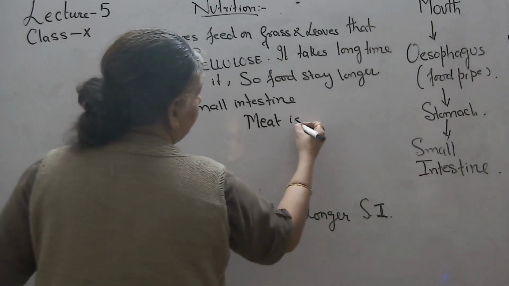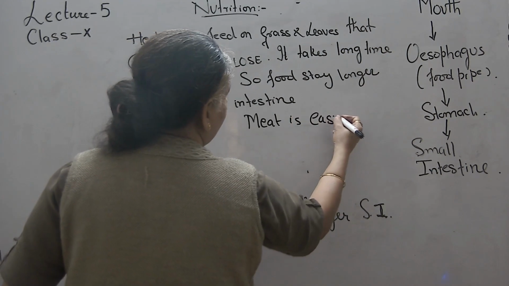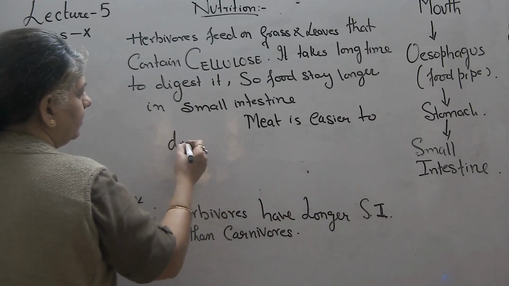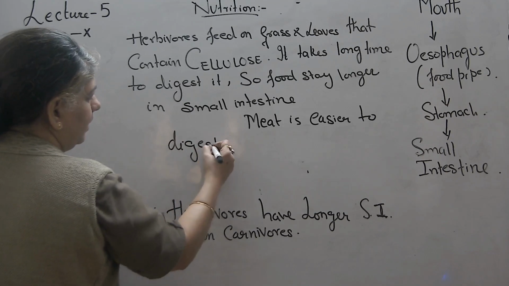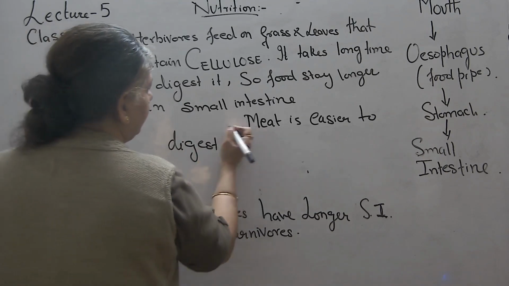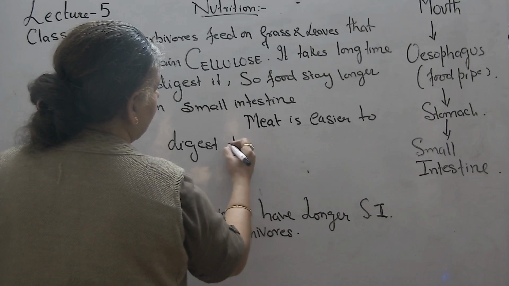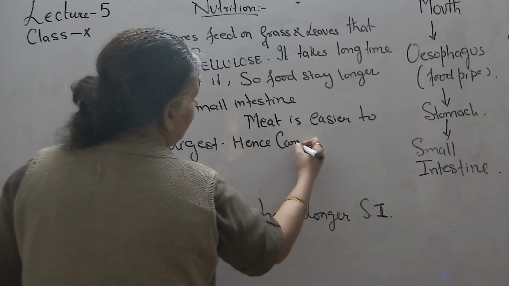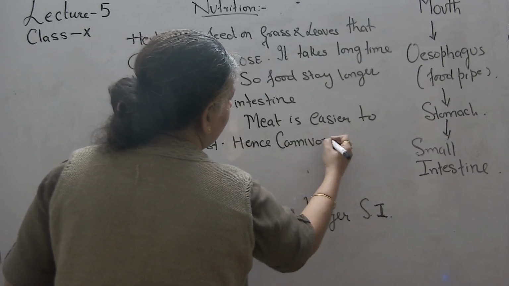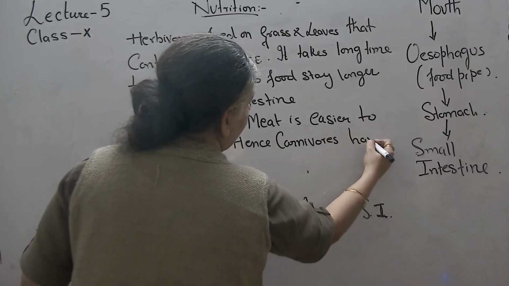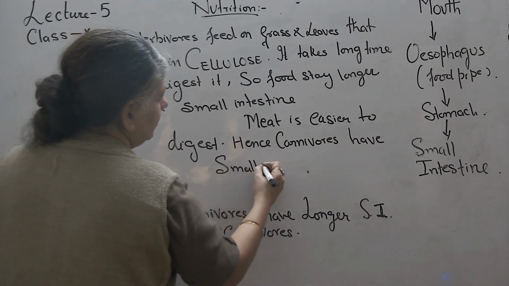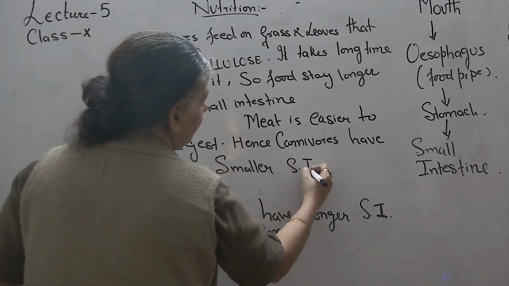Hence, carnivores have small intestine, SI.